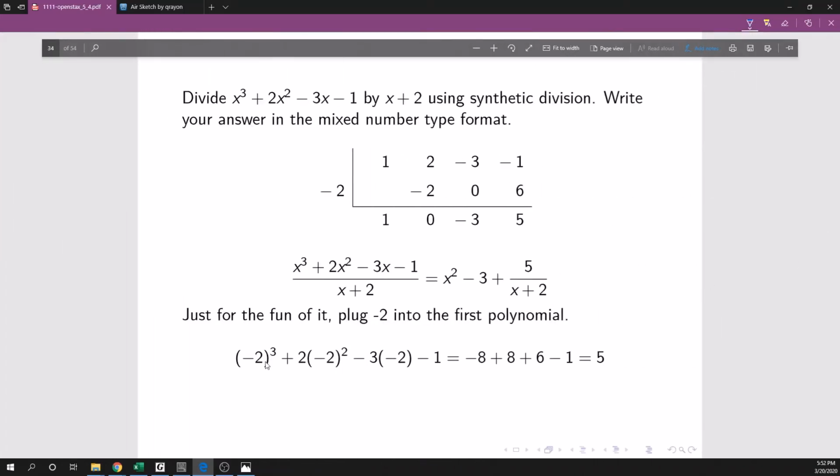So that would be negative 2 cubed, plus 2 times negative 2 squared, minus 3 times negative 2, minus 1. So negative 2 cubed is negative 8. Negative 2 squared is positive 4 times 2 is 8. And then negative 3 times negative 2 is a positive 6 minus 1. So we wind up with positive 5, exactly the remainder. Okay, and again, no coincidence on that.